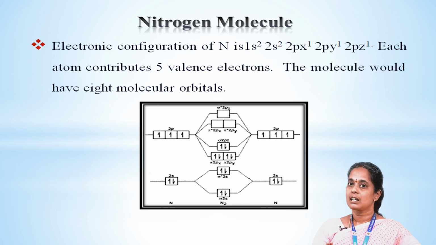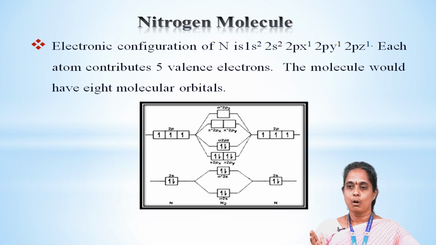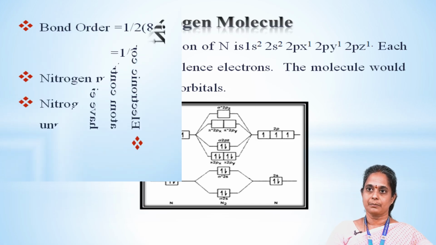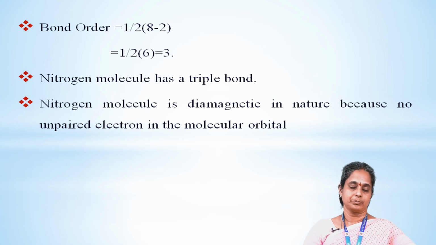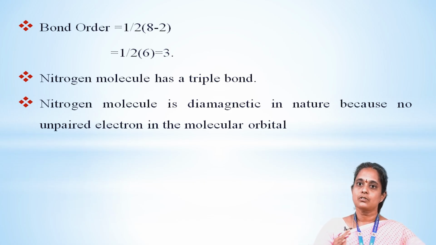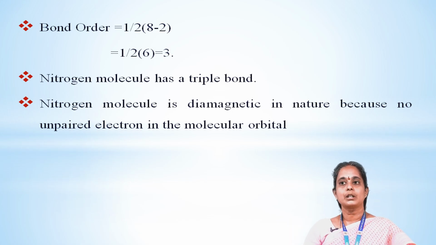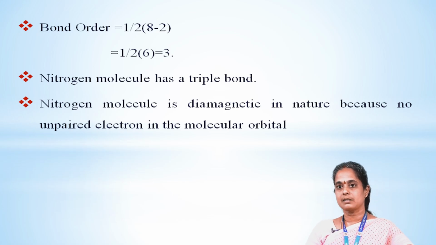Each atom contributes 5 valence electrons. The molecule would have 8 molecular orbitals, and 10 electrons are to be accommodated in them. 8 electrons go to the bonding molecular orbitals and 2 electrons go to the antibonding molecular orbitals.